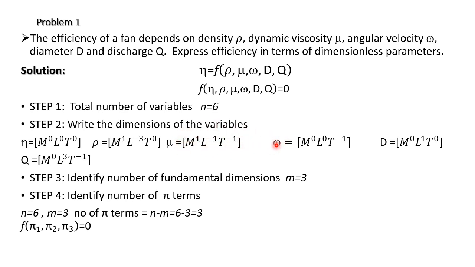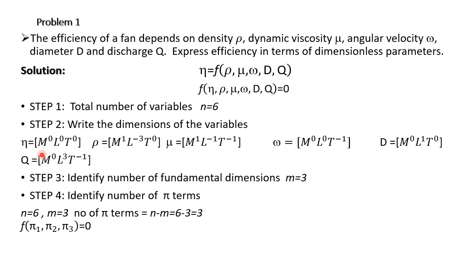Radians is dimensionless and the dimension of second is T, so T to the power minus 1. Next, diameter: M to the power 0, L to the power 1, T to the power 0. And the last one is discharge. The unit of discharge is meter cube per second. Meter cube has dimension L cubed, per second, T to the power minus 1.